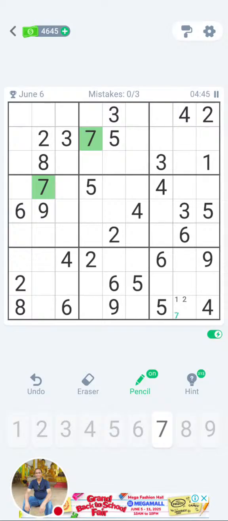These are the only numbers I can fill in. I cannot fill in 3 because if you look down in that vertical row, 3 is already there. So I can only fill in 1, 2, and 7.